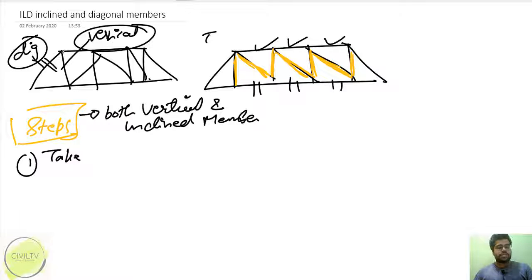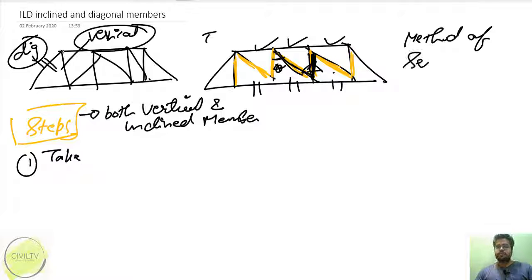The only thing that changes is that the diagonal member is inclined at an angle, theta, and the vertical member is not inclined. So the only difference is the angle, and the rest everything will be one and the same thing. Now in this also we have to cut sections, everything will be the same. We have to use the method of sections.